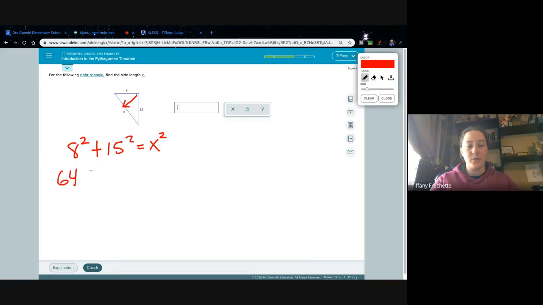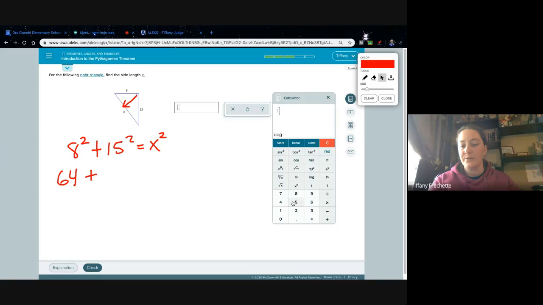So they're just trying to keep it a little easier for the introduction here. So we have 64 plus, let's see, I think I know that one, but I don't want to guess. So 15 squared, whoops, undo, I want a 2, not a 5, equals 225. Okay, that's what I thought it was, but I didn't want to guess on this one. Equals x squared.